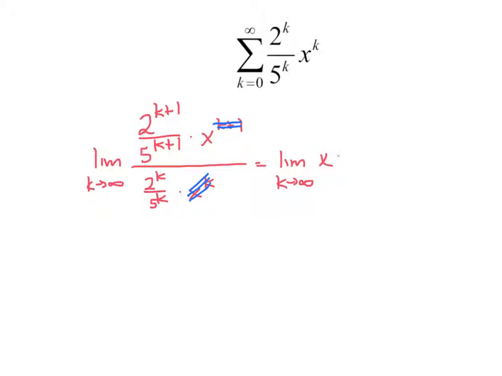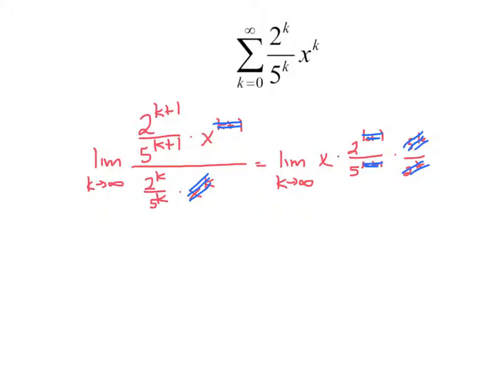I've got 2 to the k plus 1 over 5 to the k plus 1 multiplied by the reciprocal, which would be 5 to the k, and 2 to the k. So this and that divide out. This and that divide out. So I have 2/5 x.